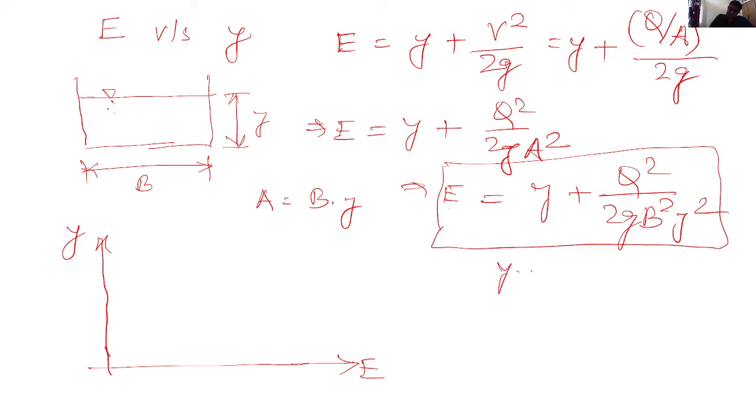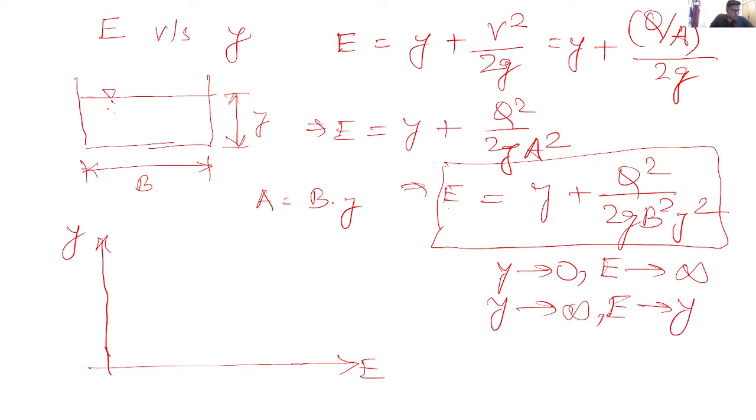Number one, if y tends to 0, then E will tend to infinity. Similarly, if y tends to infinity, then E will tend to y. And we also know that as Q increases, y will also increase. So using this, we can make this plot for the specific energy curve.